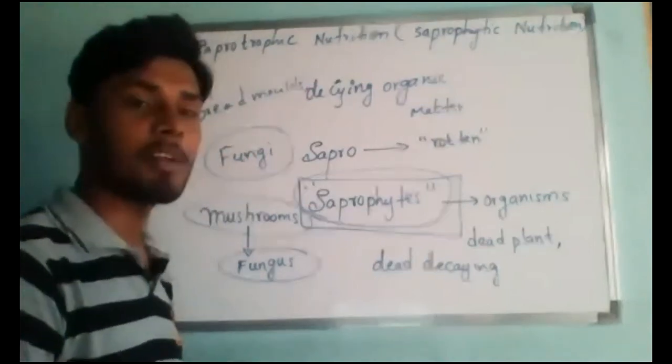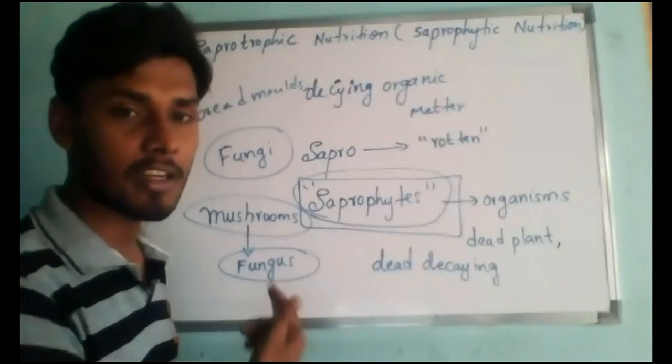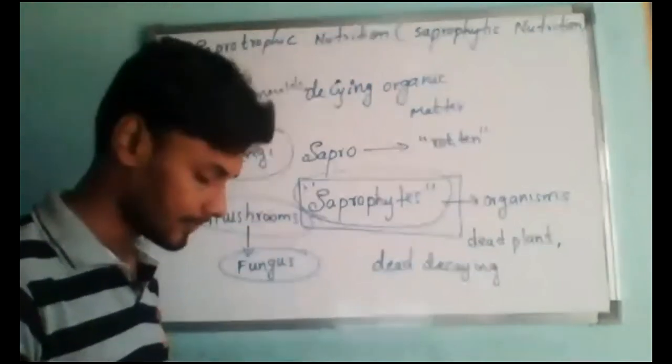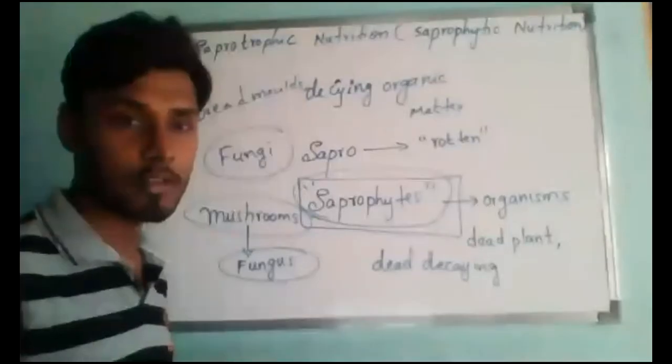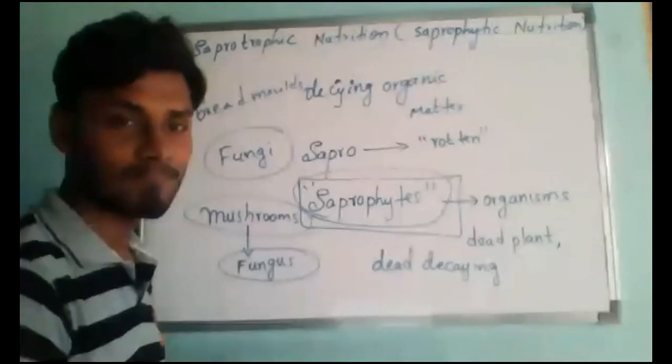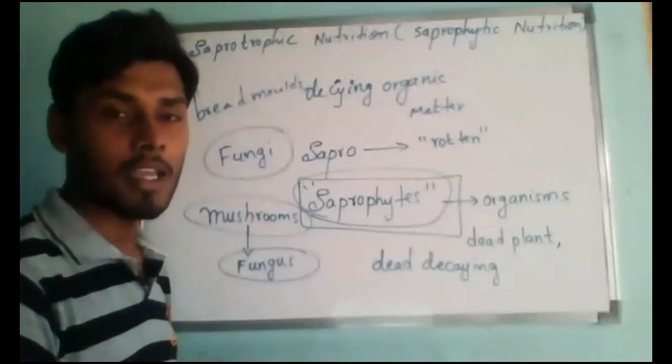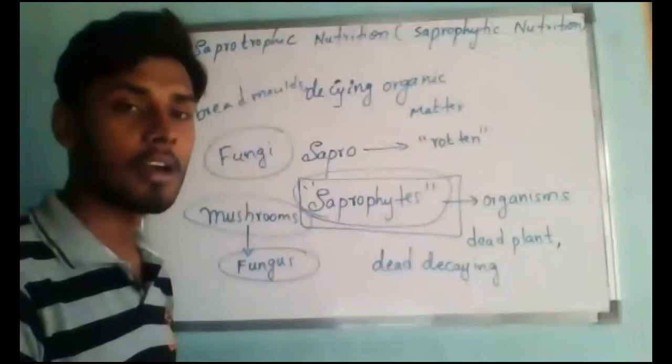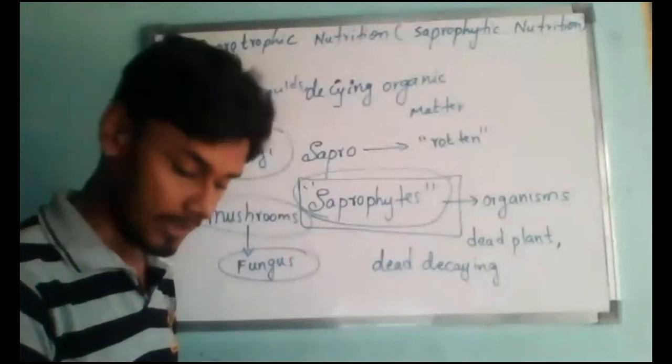So as we know, are these fungi and bacteria kinds of animals or kinds of plants? Plants. They are kinds of plants.